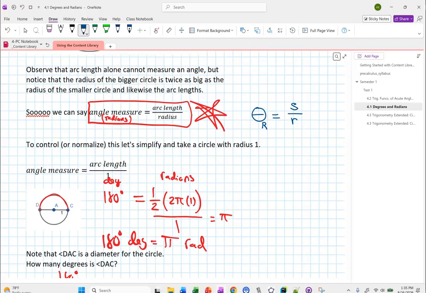I just invented some symbols to take their place. These are the traditional symbols we use for these quantities in a course like this. So arc length is traditionally S, radius is traditionally r, angles are traditionally Greek letters, oftentimes theta. Okay. So if I wanted to, I could multiply both sides of this equation by r.